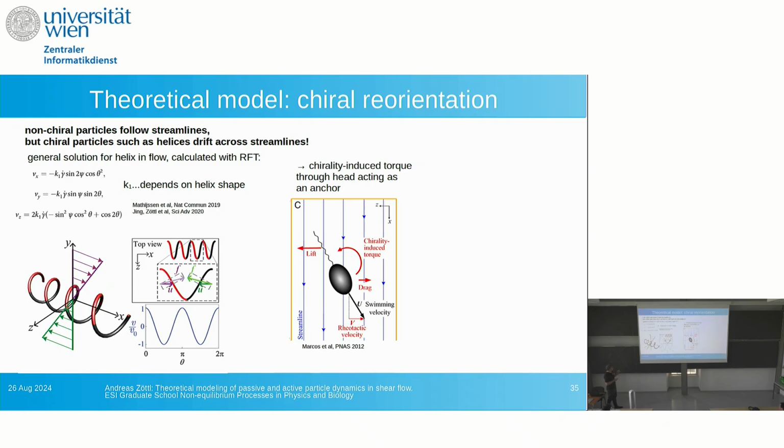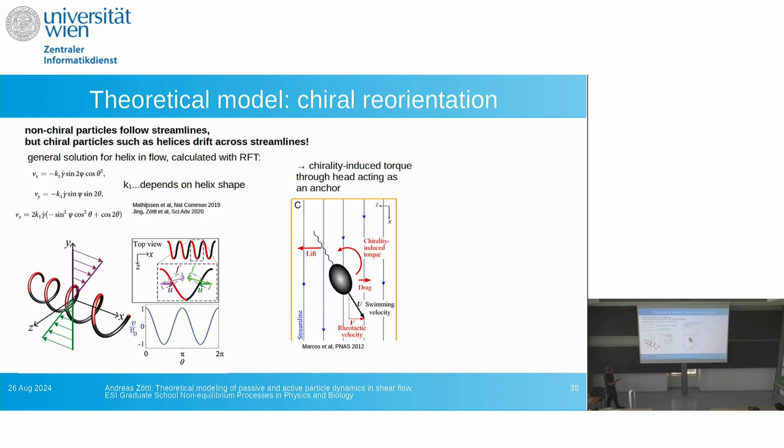You can explain this qualitatively by, for example, applying resistive force theory on the helix in shear flow. And the idea is, okay, I try to explain it quickly. All the upper parts of the helix, let's say, assume a positive velocity in y direction, and the black parts at the bottom get a negative one.